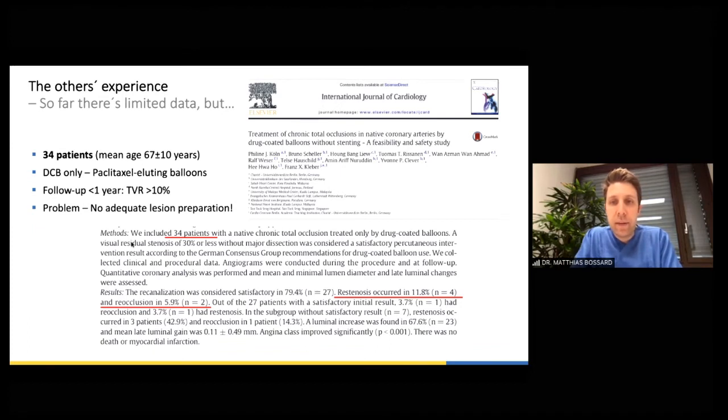I picked this study because I was a bit astonished when I saw the high rate of restenosis, which was up to almost 12%. When I looked into the data, I noted that they hadn't been using appropriate lesion preparation. Therefore, I'm convinced that if you prepare the bed well, if you prepare the lesion well, you can improve your outcomes and achieve similar results as we have found in our small registry so far.